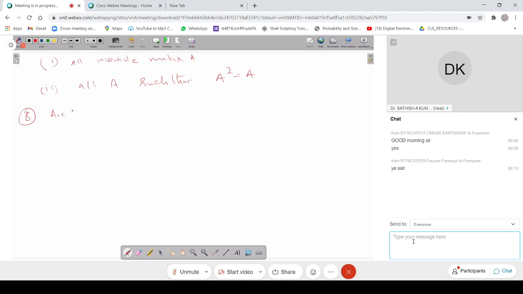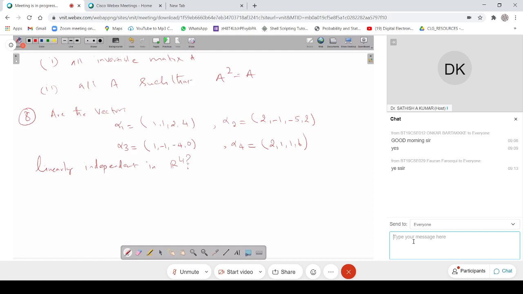Are the vectors alpha 1 equal to (1, 1, 2, 4), alpha 2 equal to (2, minus 1, minus 5, 2), alpha 3 equal to (1, minus 1, minus 4, 0), and alpha 4 equal to (2, 1, 1, 6) linearly independent in R4 or not? That's the question.